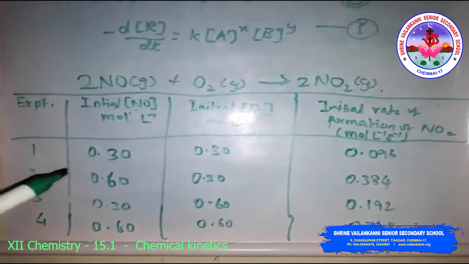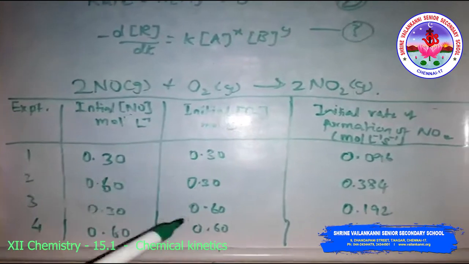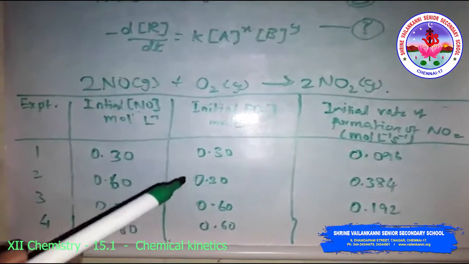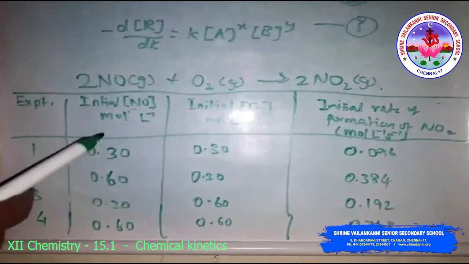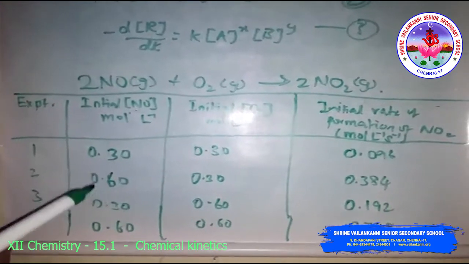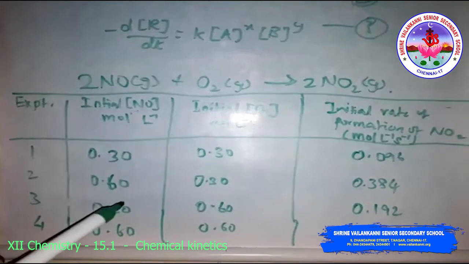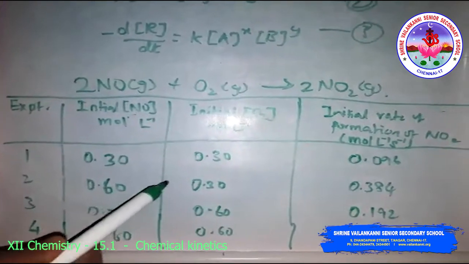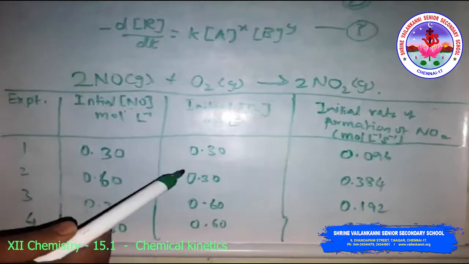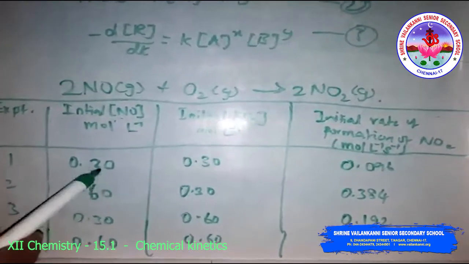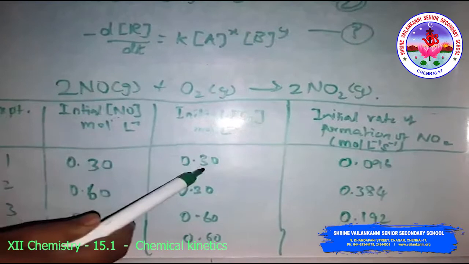It is obvious after looking at the results that when the concentration of NO is doubled and the O2, that is oxygen, is kept constant, look at this, 0.30 and 0.30.